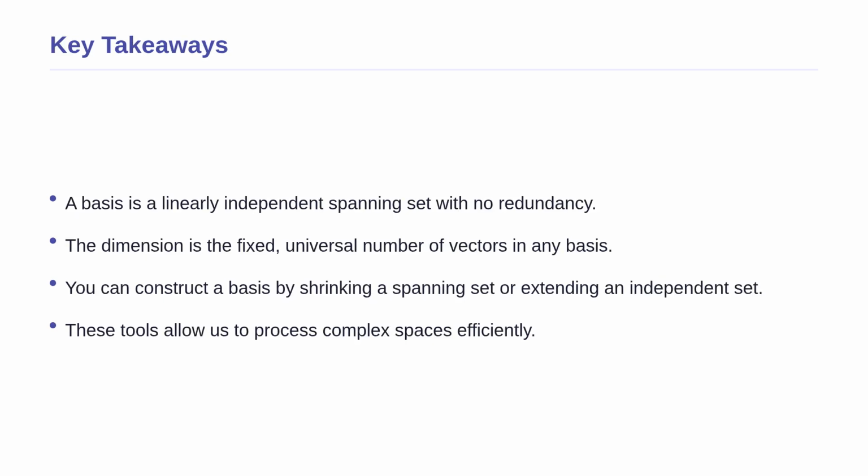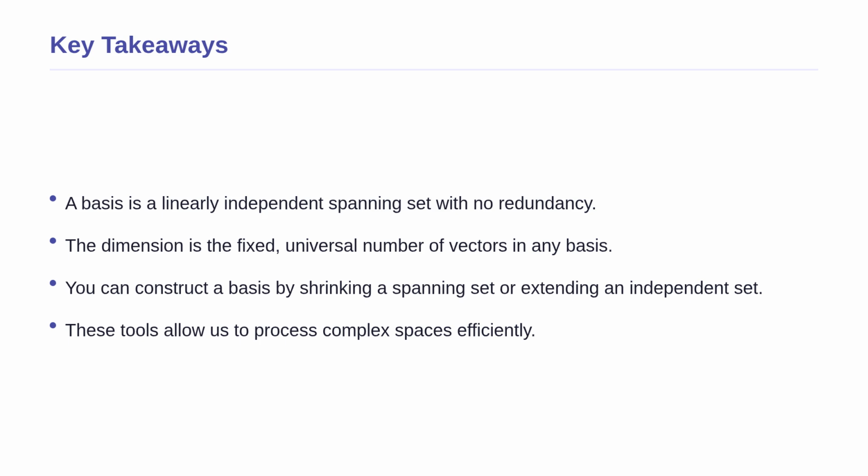We have covered a lot of ground today, so let us summarize the most important ideas. First, remember that a basis is the ultimate Goldilocks set. It spans the entire space, so you can reach anywhere, but it is linearly independent, so there is absolutely no redundancy. Second, we proved that the dimension is a fixed, universal property of a space.